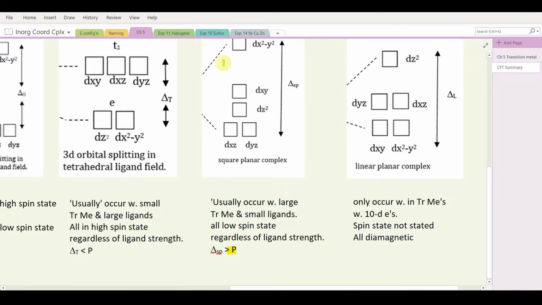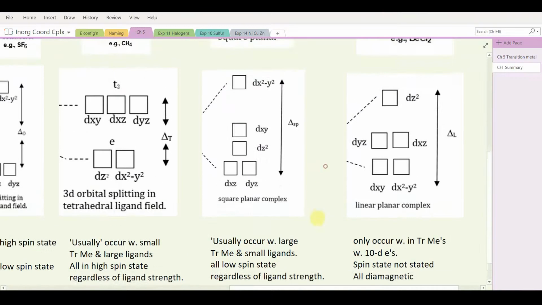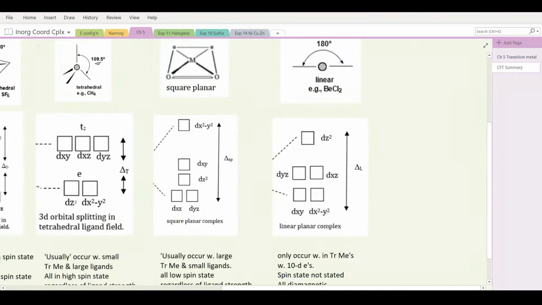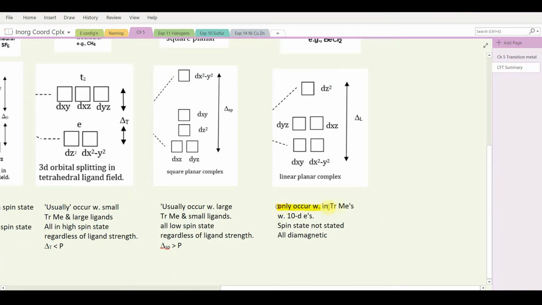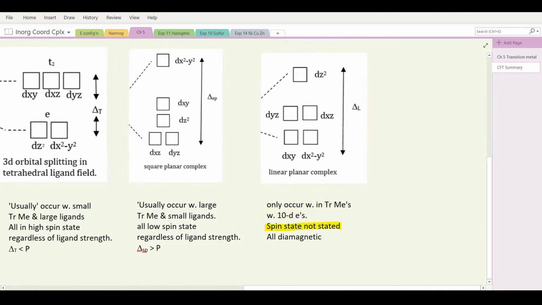This is right here in the gap between the dxy and dx²-y² orbitals. They're well separated. And finally, when you have a 2-coordinate transition metal complex, they are all linear. They only occur in transition metals with 10 d electrons. Because of this, the spin state is not stated, and of course they'll all be diamagnetic.